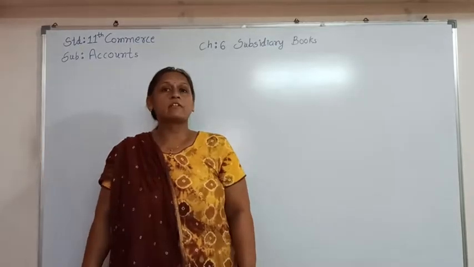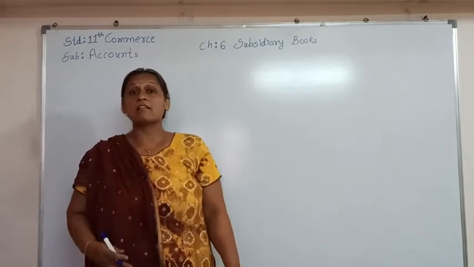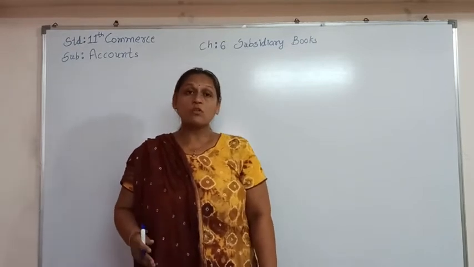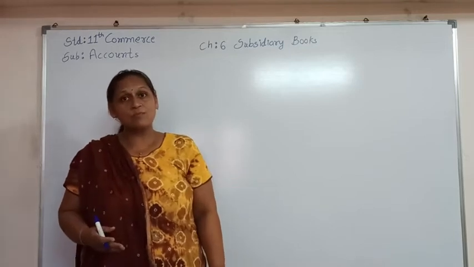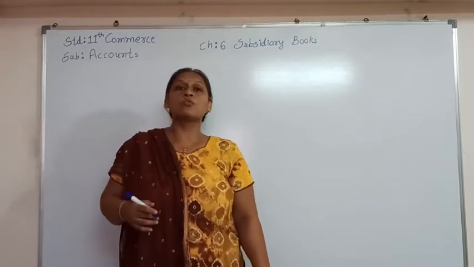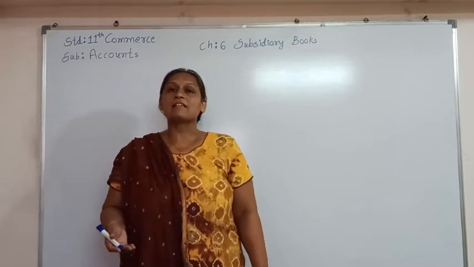So, types of purchase as well as sales return book. That is again according to the purchase book as well as sales book. When the businessman is preparing a simple purchase book, then he is going to prepare a simple purchase return book, as well as a simple sales book and simple sales return book.